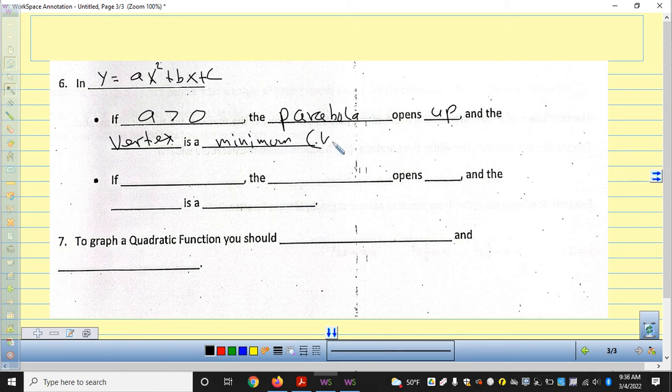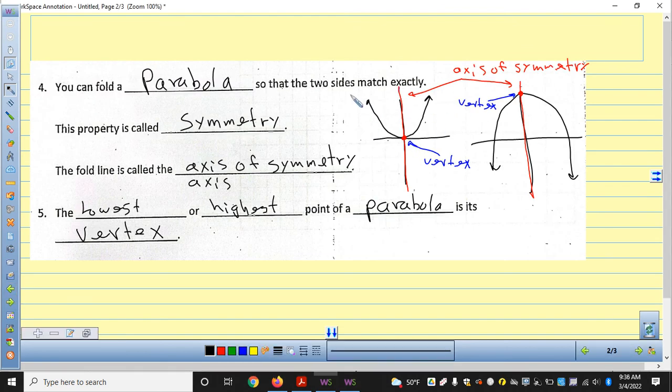That means the lowest point. So I'll go back to our picture here in just a second. For this parabola, the equation would have the x squared part positive. So it opens up, and the vertex is this lowest point on the U shape. That's the minimum of the graph, the lowest point, the smallest y value.